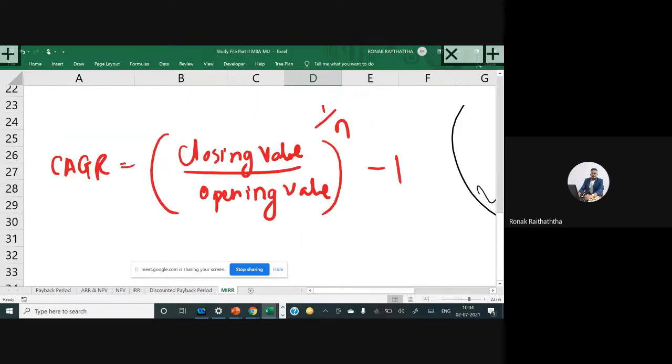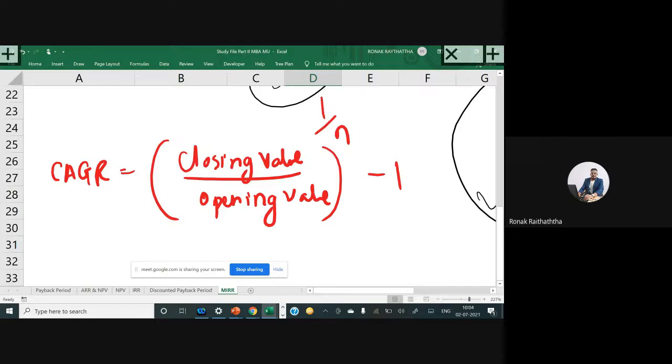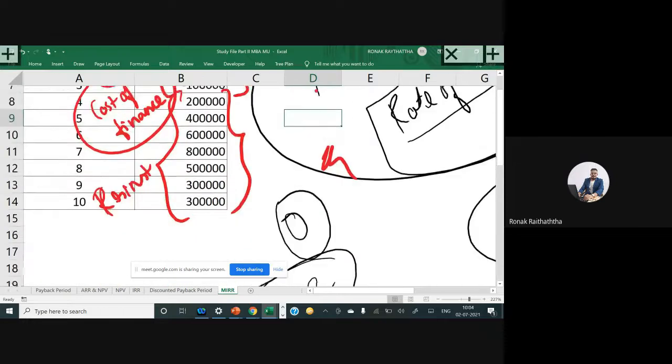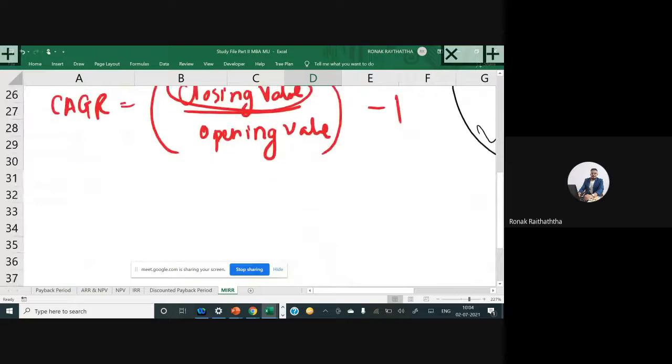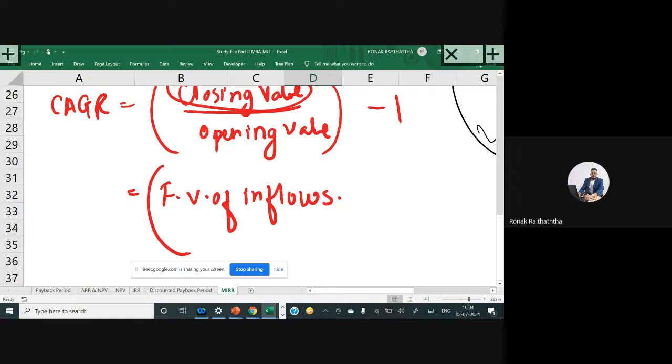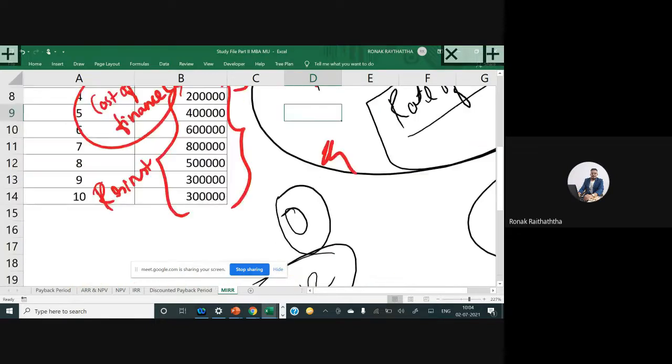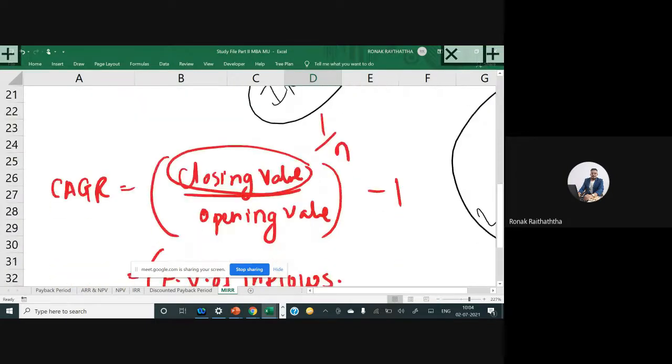Now the MIRR formula will also look quite similar to this. Closing value you will be able to get. Here in this case, 10 years are given to you, right? That means you want the future value of inflows. That will be your closing value after the end of the 10th year. All the inflows, which are the positive cash flows, will be your closing value of the investment.